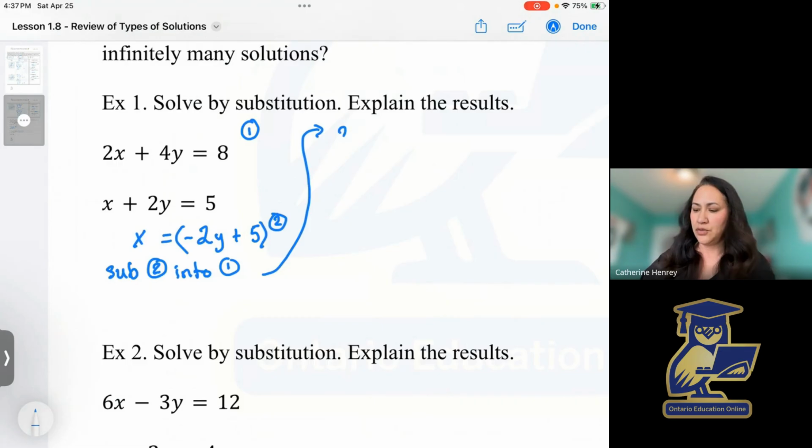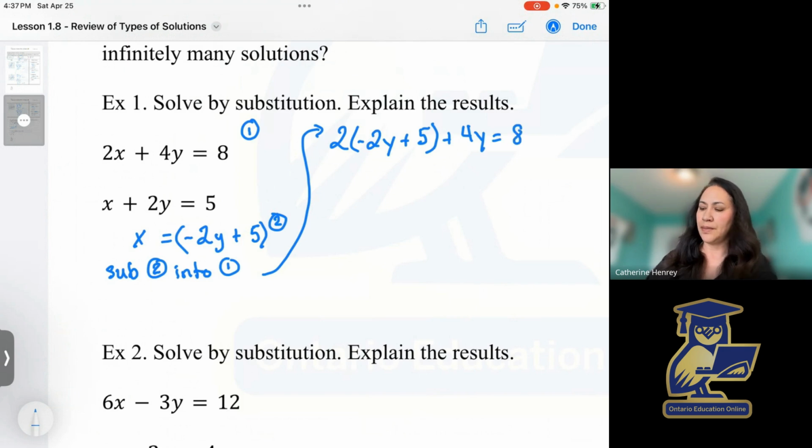All right, so 2 times, instead of writing x, we'll write negative 2y plus 5, plus 4y equals 8. Simplifying, we get negative 4y plus 10 plus 4y equals 8. I have a negative 4y here. That's actually going to cancel with a positive 4y. So what I end up with is 10 on the left side and 8 on the right.